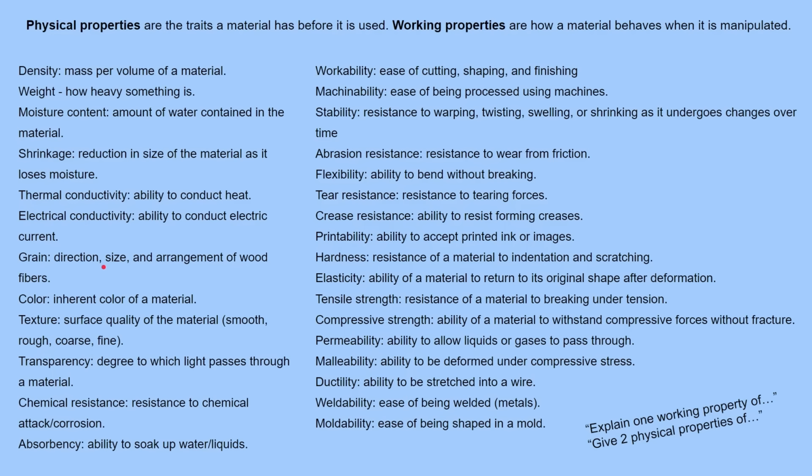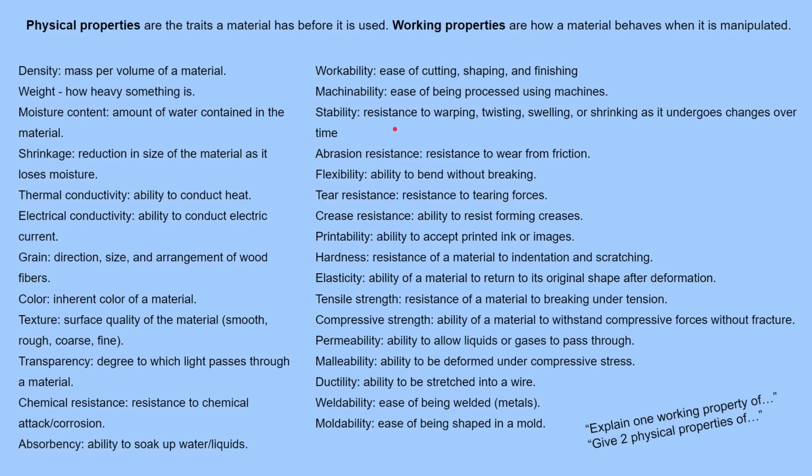the grain, so the direction of wood grain is a physical property; color, the aesthetics of the material; texture; transparency, normally in papers and boards, to what extent light can pass through that material; chemical resistance and absorbency.